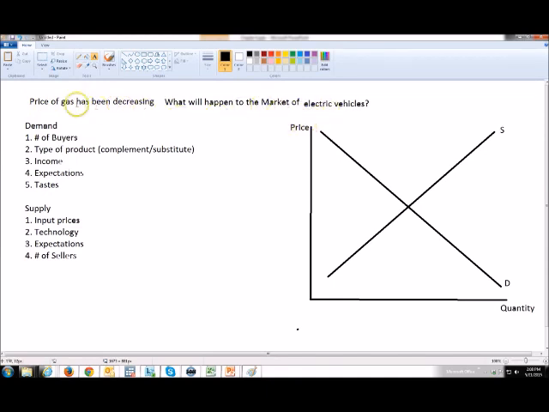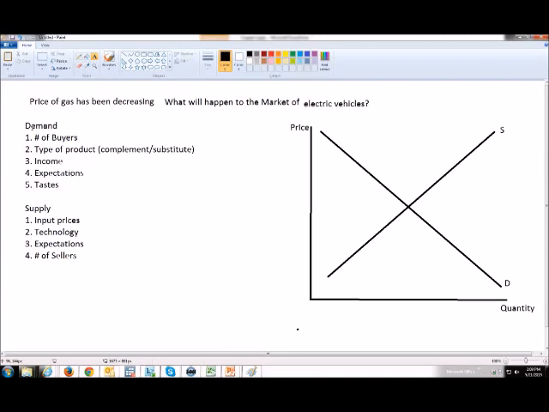So if I'm in the market to buy cars now, and if the price of gas is cheaper, I might buy a regular car. I might not even want to buy an electric vehicle because, still, electric vehicles are nice. They don't burn as much fossil fuels, but it's hard to get them charged. It's not that convenient, so it's not that easy to maintain them.